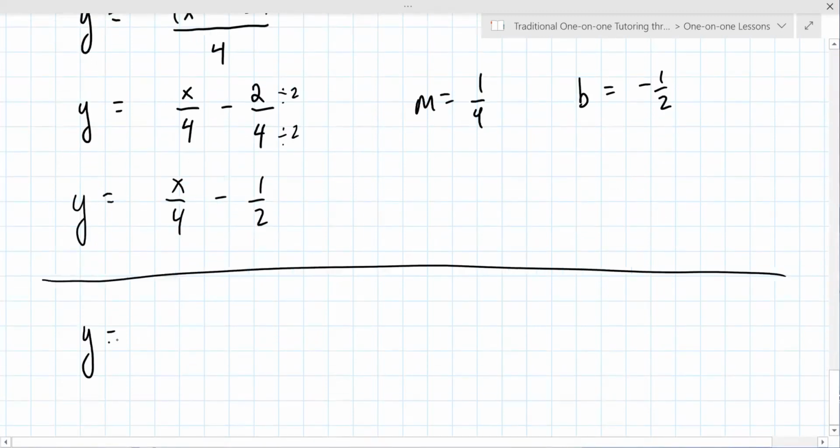Let's try another one. Let's say y equals x minus 6 over 3. I want your m and I want your b value. And remember, you have to divide each of these by 3.